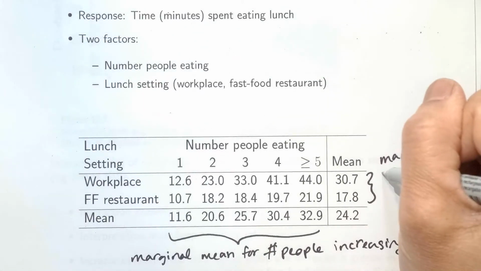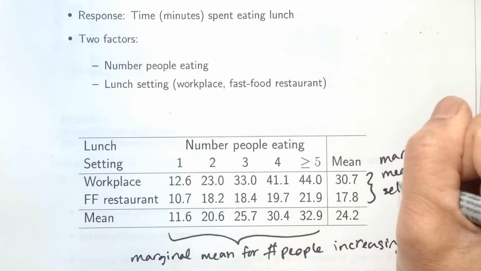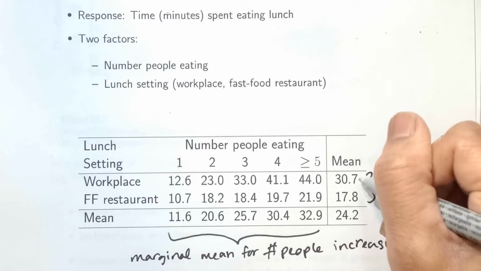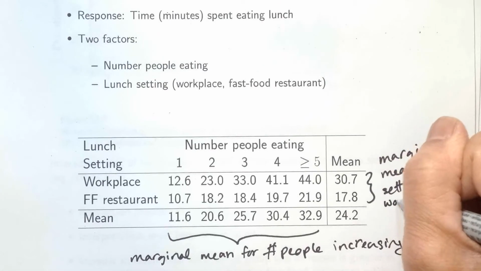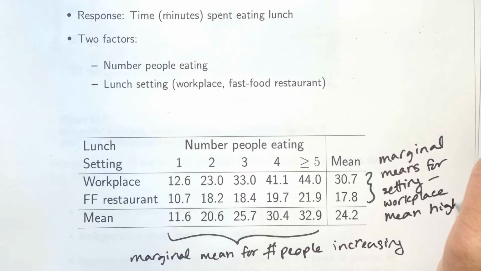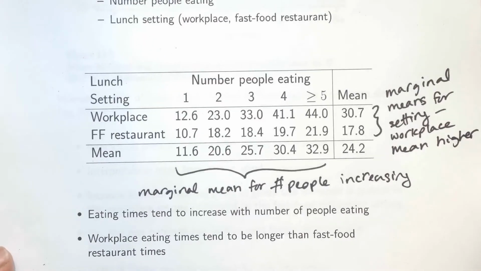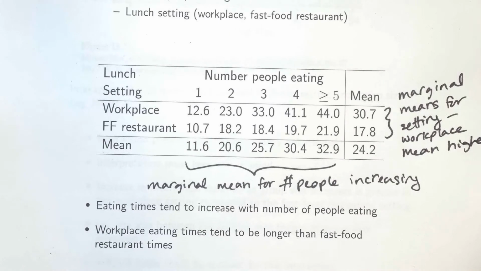Marginal means for setting is what we have down here, and what we can see is that the workplace mean is higher. Okay, so the eating times tend to increase with the number of people, and the workplace eating times tend to be longer. These are the average eating times, tend to be longer than the fast food restaurant times.